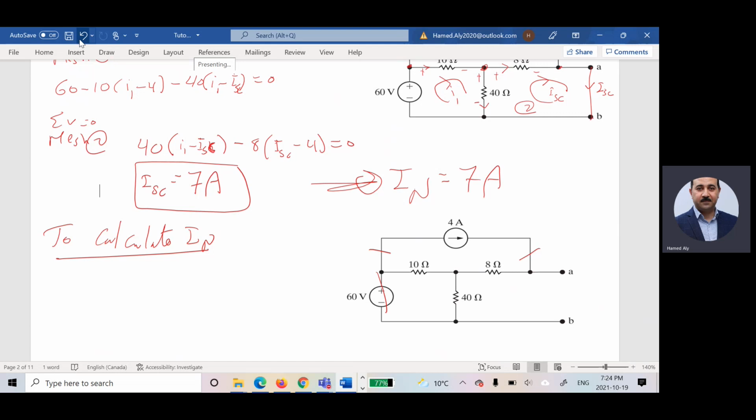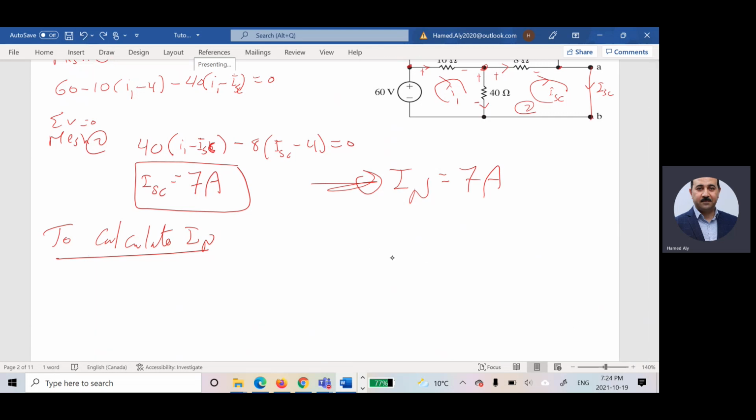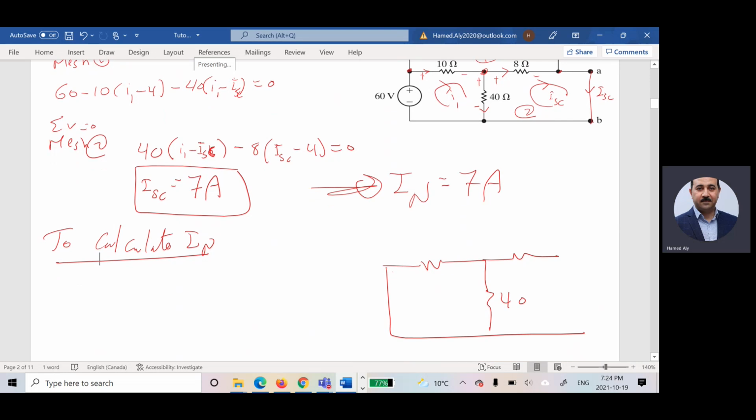So what am I going to do? I'm going to redraw this circuit like that. Am I right? 40 and 8 and 10. Then find R equivalent. R equivalent here equals what? This is R Norton.